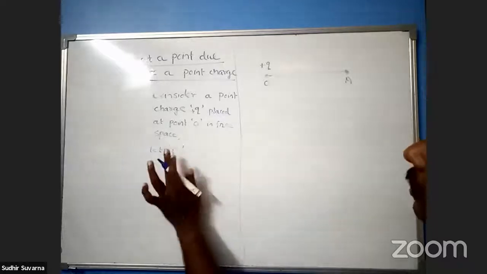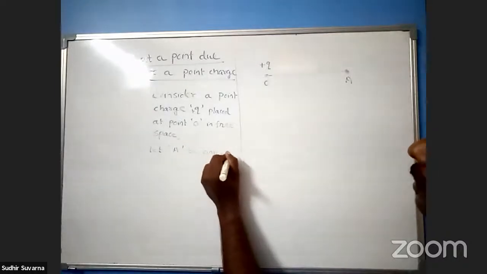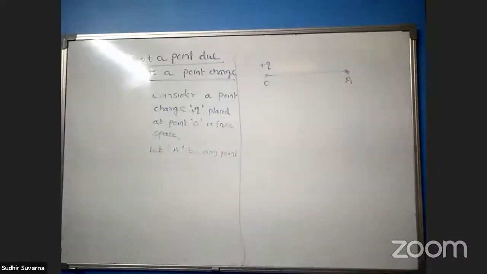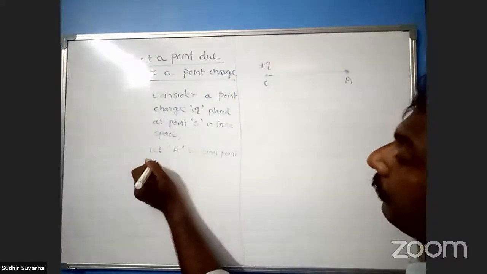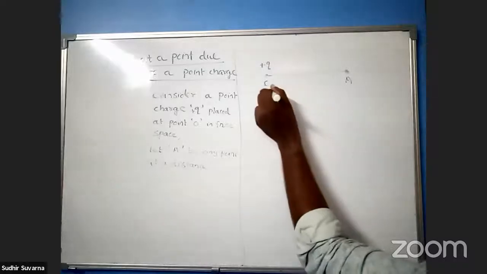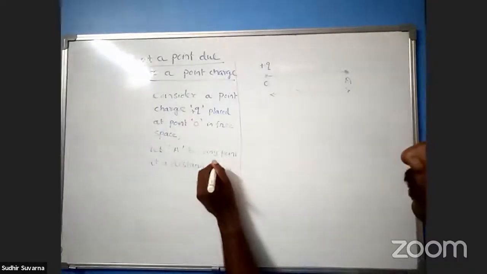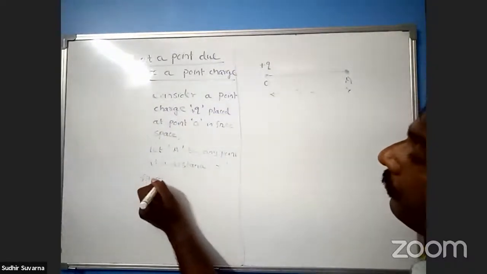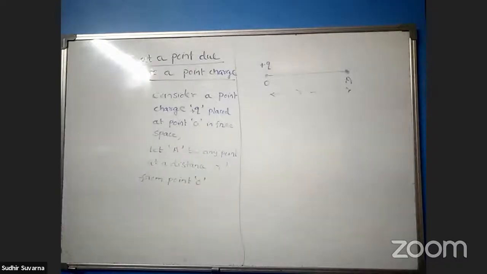Let A be any point at a distance R from point O, and we need to find electric intensity at point A.